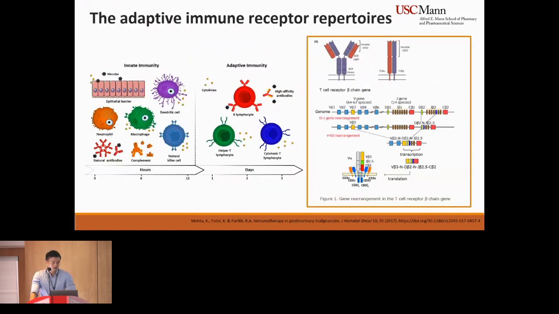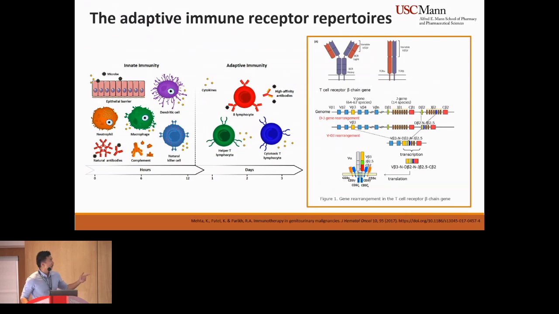First of all, let me give you a brief background about the adaptive immune receptor repertoires. We all know that immune responses have been categorized into two. The first is the innate immunity, on the left side. The innate immunity happens in a relatively short period of time and works non-specifically, like our epithelial barriers and also the neutrophils or macrophages.